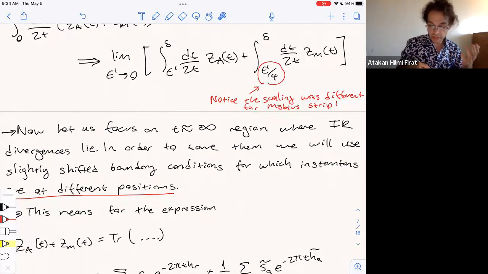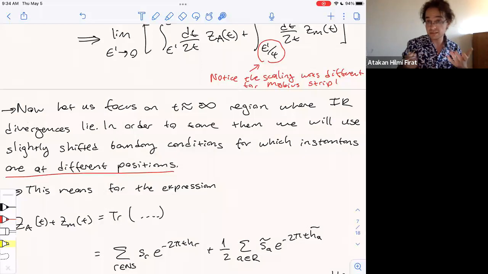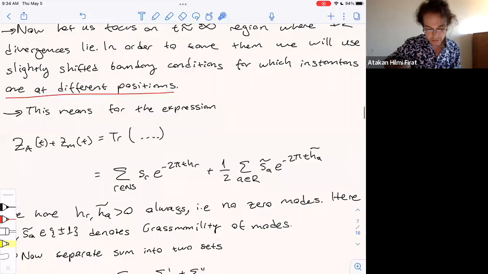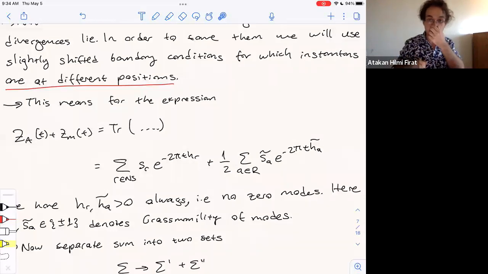One way to regulate this is to put a slightly shifted boundary condition at the bottom, which means I'm basically thinking I have two instantons instead of one, and they are separated in spacetime.